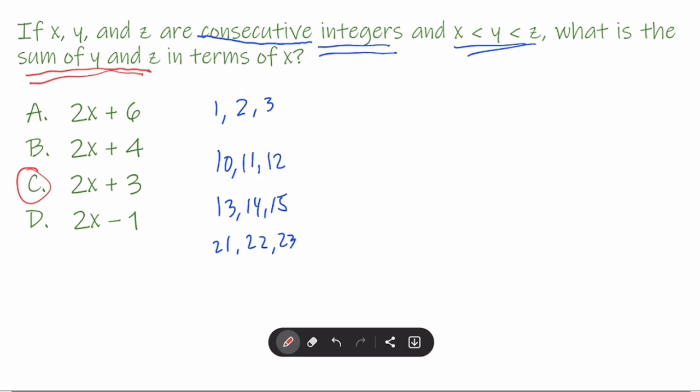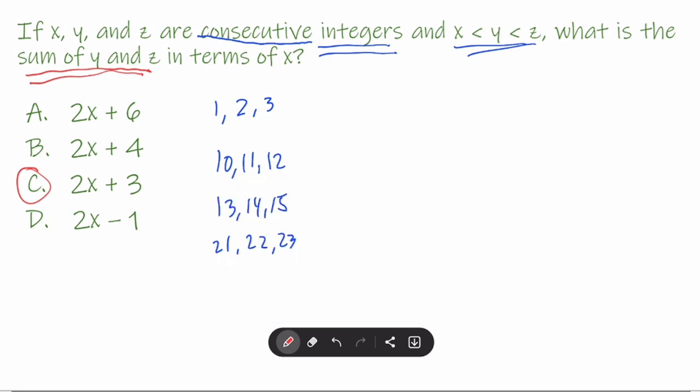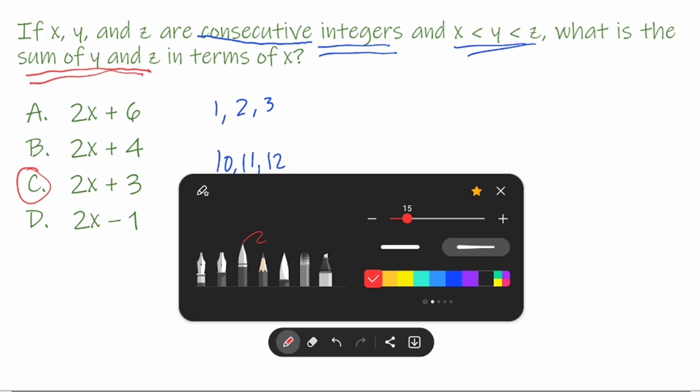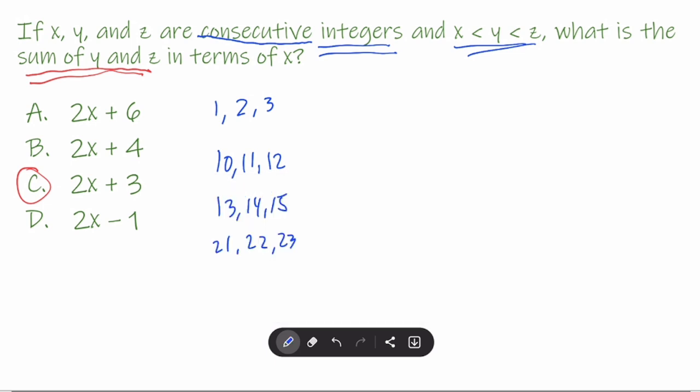Now, how do we solve this, given those ideas? As I said, it's the consecutive numbers: 1, 2, 3, 10, 11, 12, 13, 14, 15, 21, 22, 23. Let's make another example of consecutive numbers, let's say 101, 102, 103, and so on.